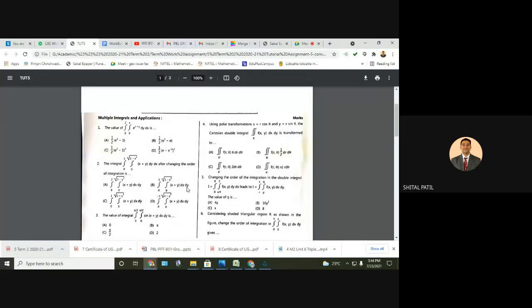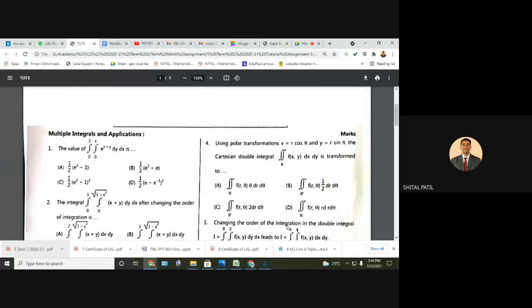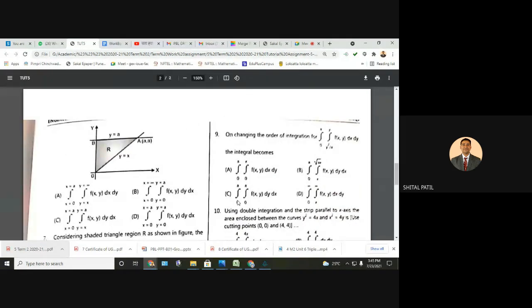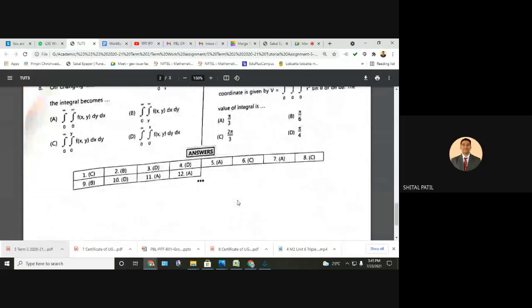The value of integral, integration from 0 to 2, 0 to x e raised to x plus y dy dx, येईल का सॉल्व करता? सोपं आहे की. हे ट्युटोरियलचे एक्झाम्पल आहे. उद्या तुमचं क्रॅश कोर्स आहे ना? दुसरं ऑप्शन आहे, we can solve this during the crash course, काय प्रॉब्लेम नाही. येस सर, ठीक आहे त्यावेळी सॉल्व करू.